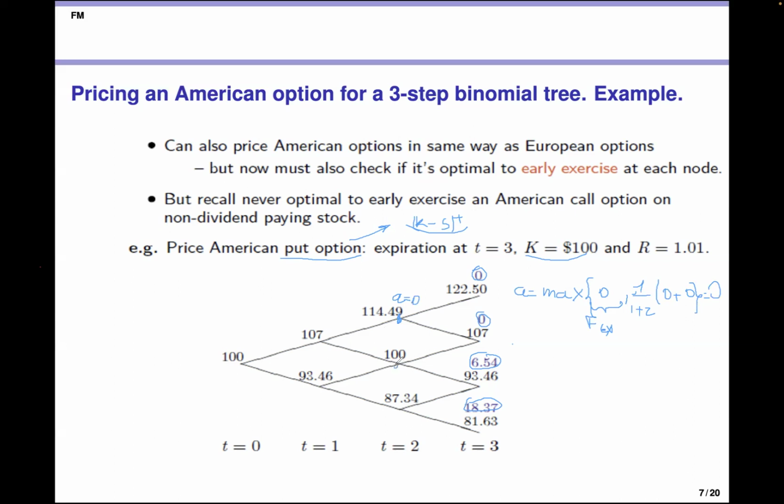Now for every node, like for 114, we compute the same, and for 100 we compute the same, for up and down.